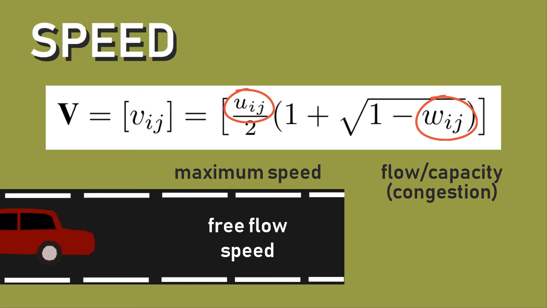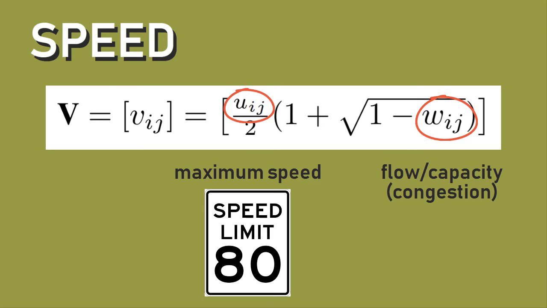The maximum speed represents the free flow speed. This is the fastest speed a vehicle could go through a certain length of road if there were no congestion and there was free flow through the road. We could also use speed limits if there were speed limits set on the road.